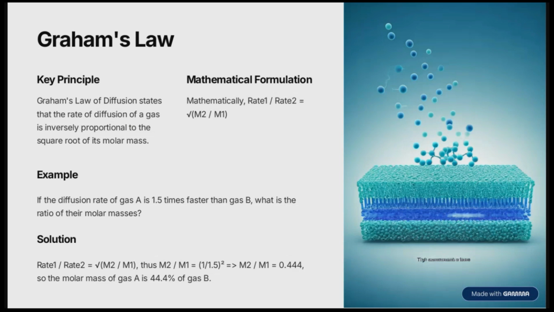We don't know what R1 is, but R2 is equal to 1.5 times R1 because it is 1.5 times faster than R1. So putting that inside your formula for your R2 and your R1, you'll be able to get a simplified formula that you'll be able to get your final answer from.